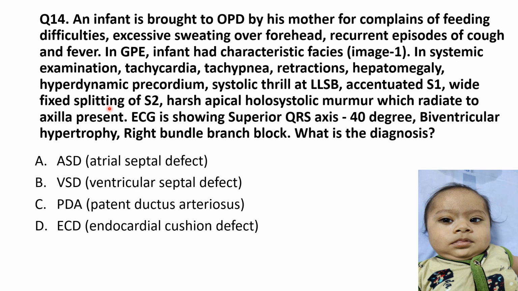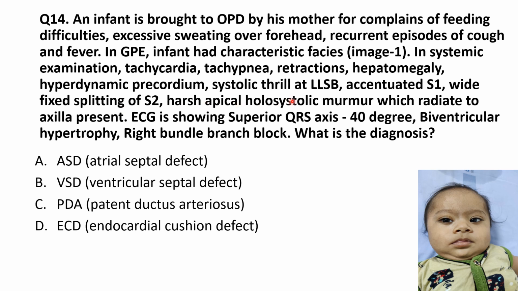Here, according to the history, the patient has acyanotic heart disease, not cyanosis. So TAPVC is ruled out because TAPVC is a cyanotic congenital heart disease. Now according to the wide fixed splitting, the patient has ASD or right bundle branch block or both.